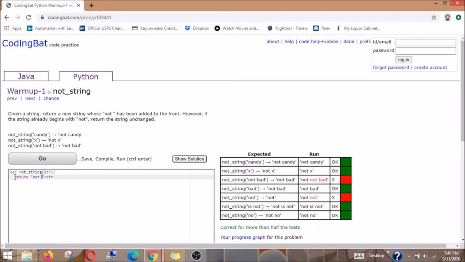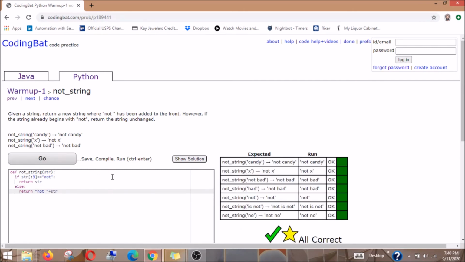Oh, okay. So we have to check with an if function. If str, I'm using substring here till 3 because there are only 3 characters, return str, else return not plus str. Yeah, now it worked perfectly fine.